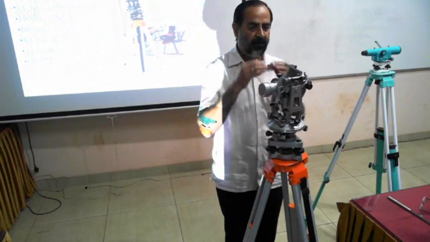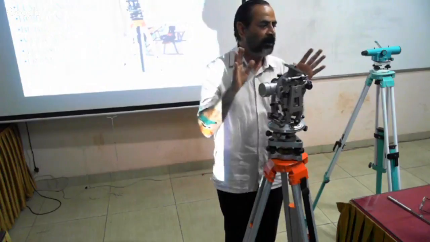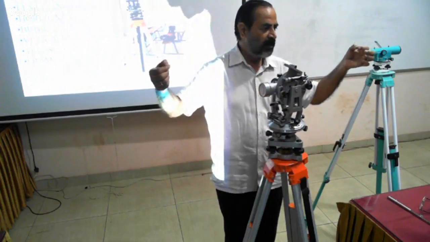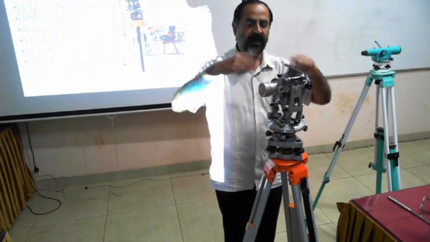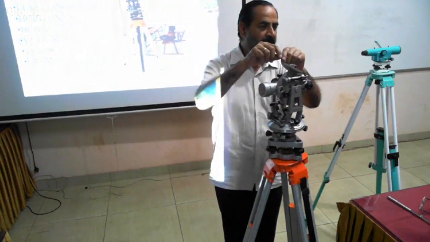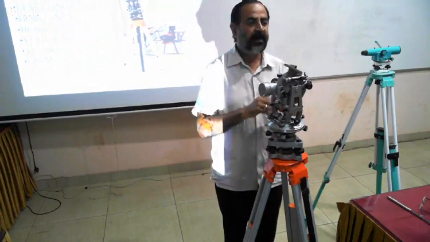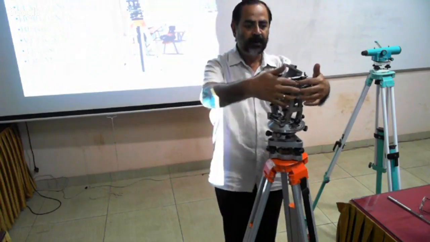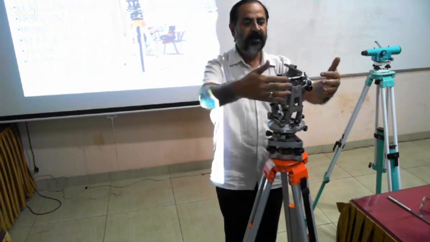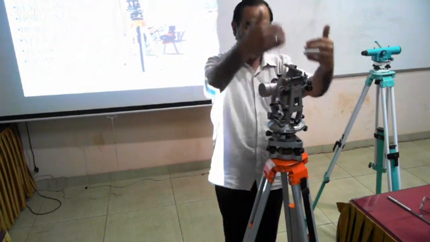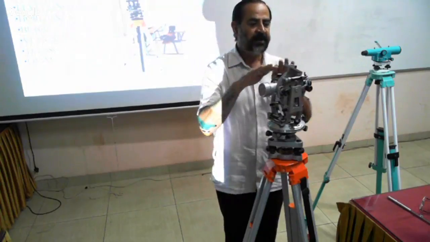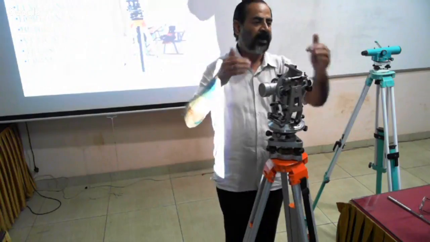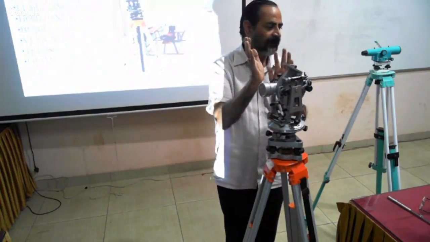When the bubble is at the center of its run, then the level is horizontal, isn't it? There are graduations in the bubble tube. Whenever the instrument is made level, the bubble will be at the center of its movement.